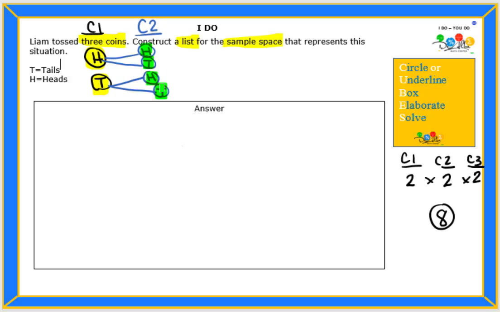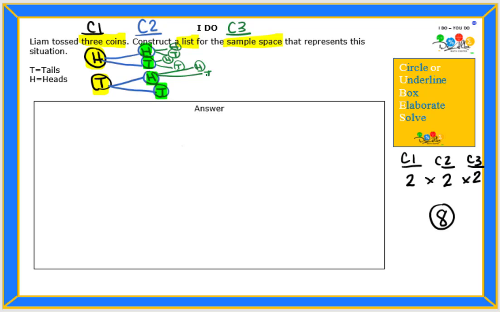Okay, and now we're going to look at our third coin. So for our third coin, we could also get heads or tails. So if we got heads, we could get heads or tails. Heads or tails.